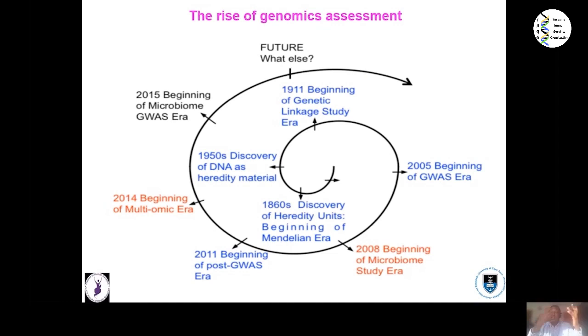The question is what is next today? What can be the next approach that allows us to understand the variations, and that can have an application in a clinical setting?